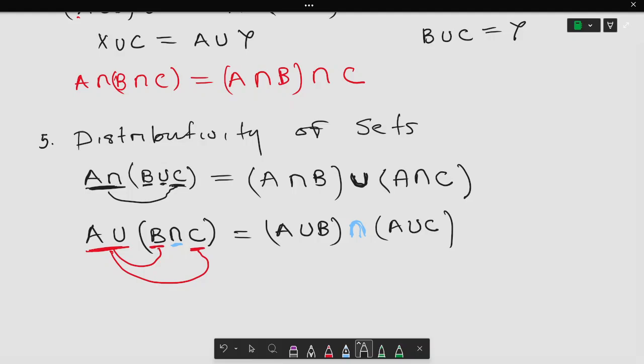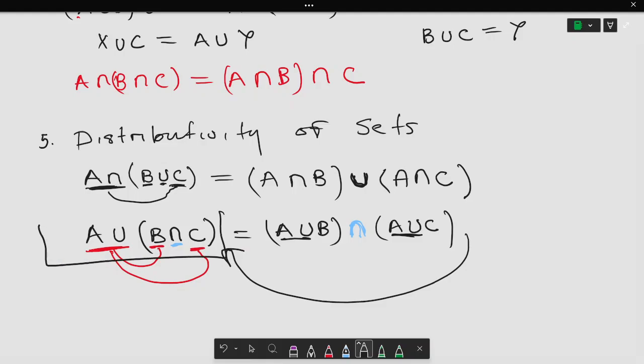You can also factor out this. When you factor out, you will come back to this.